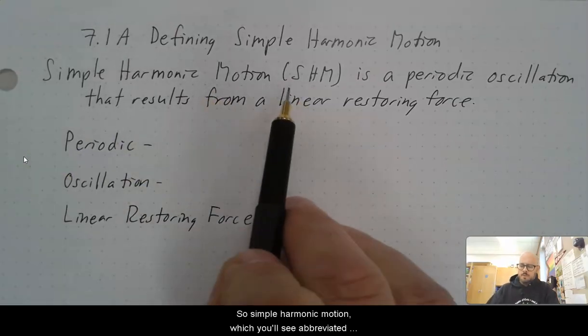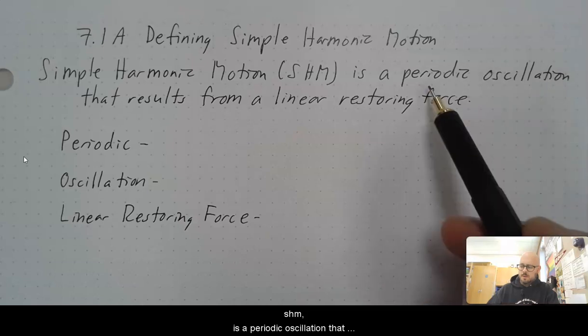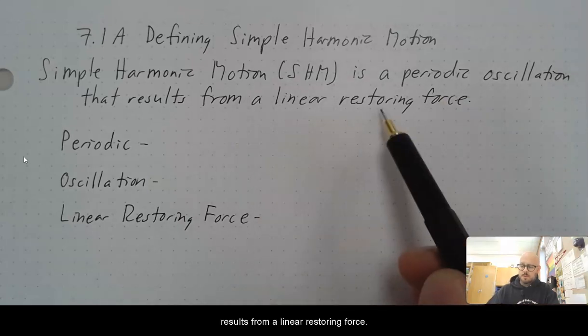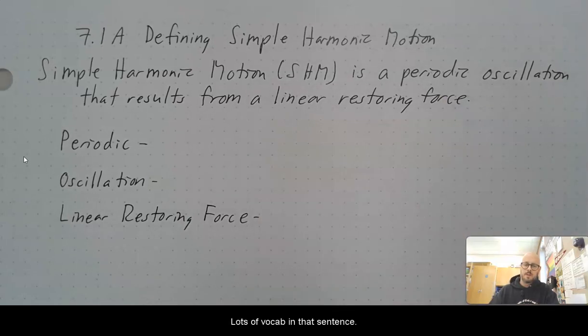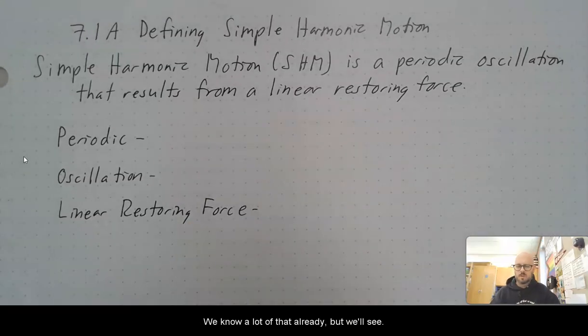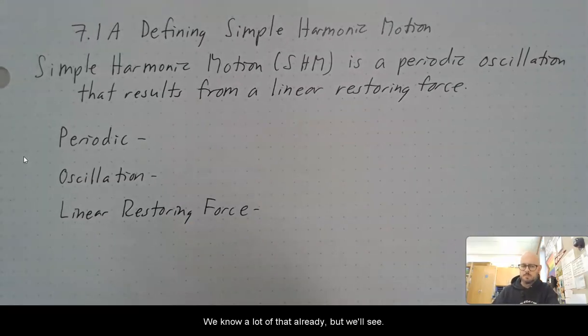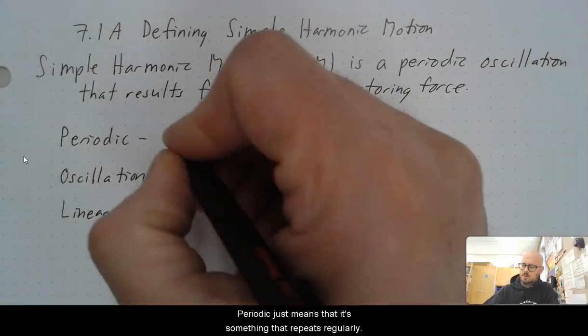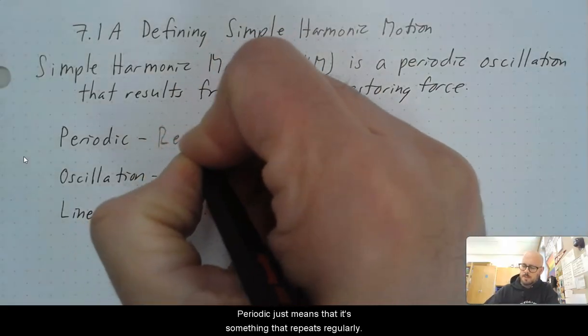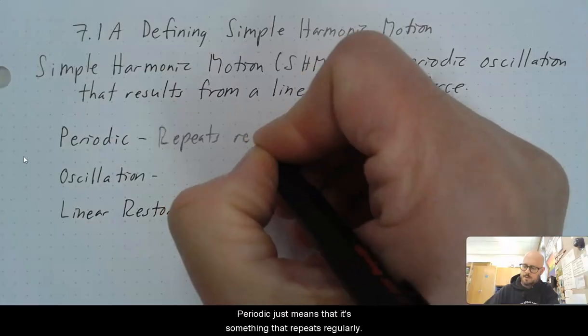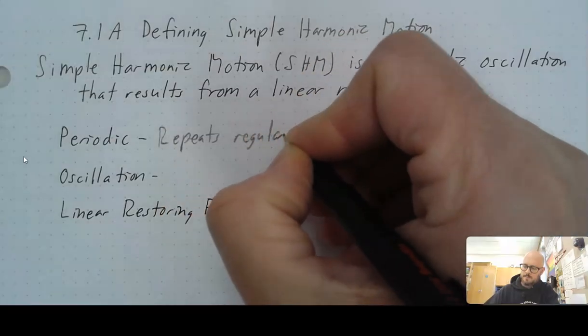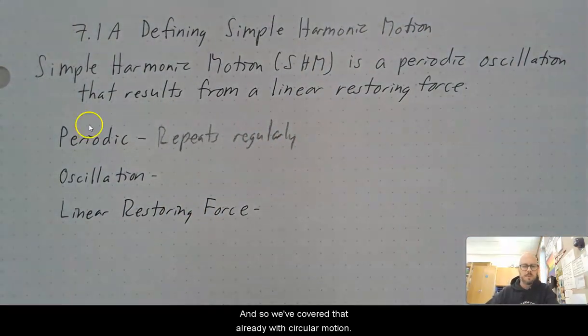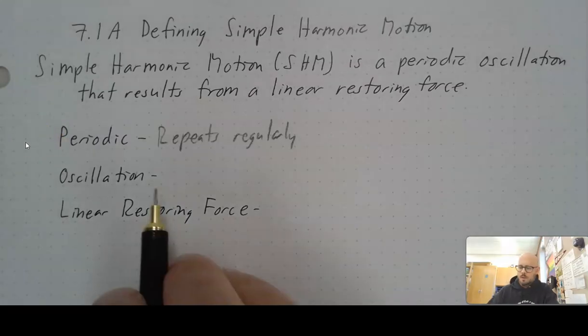Simple harmonic motion, which you'll see abbreviated SHM, is a periodic oscillation that results from a linear restoring force. So lots of vocab in that sentence. We know a lot of that already, but we'll see. Periodic just means that it's something that repeats regularly. And so we've covered that already with circular motion.